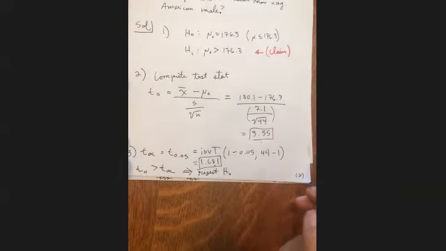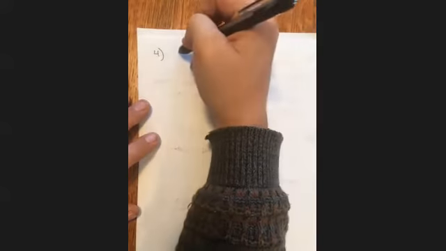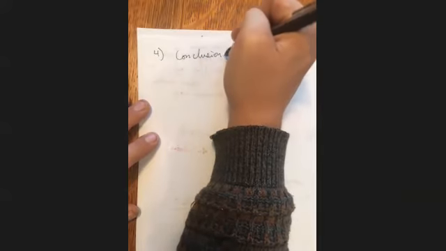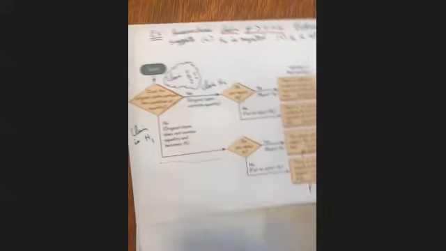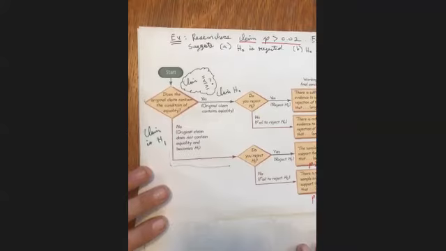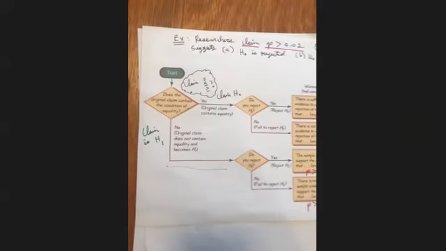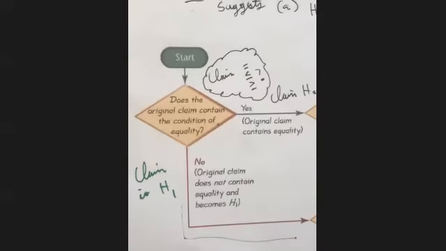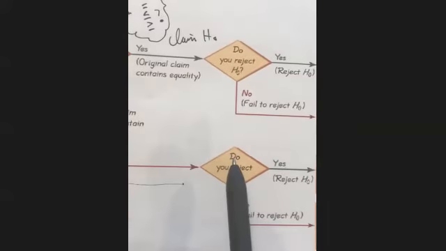So the last thing that we need to do is come to a conclusion. Step 4, conclusion. And again, to get our conclusion, we use the flow chart. Is the claim H0 or H1? Our claim was H1. Do we reject the null hypothesis? Yes.